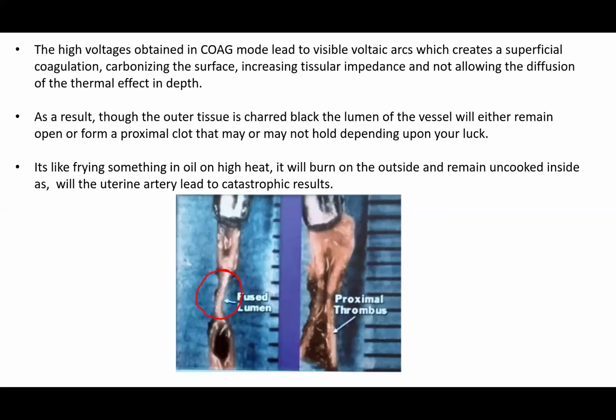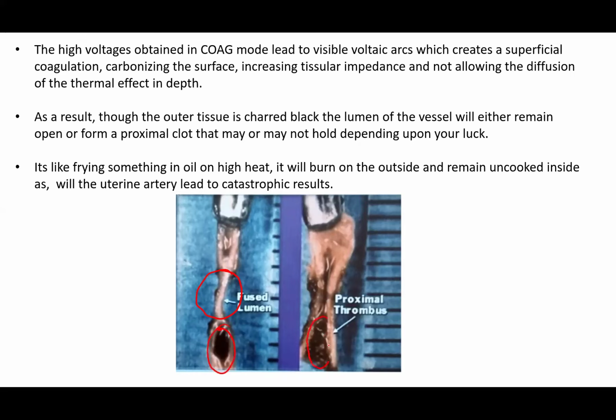You can see the collagen fusing together. And two, a proximal thrombus is formed. Sometimes, especially for gynecologists, for example, when they want to coagulate the uterine arteries, if you don't use the bipolar energy properly, this is what will happen.